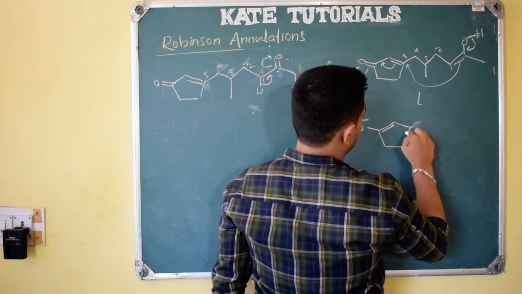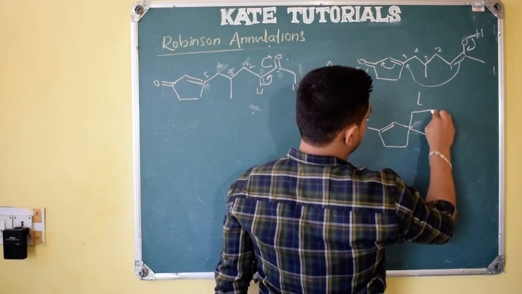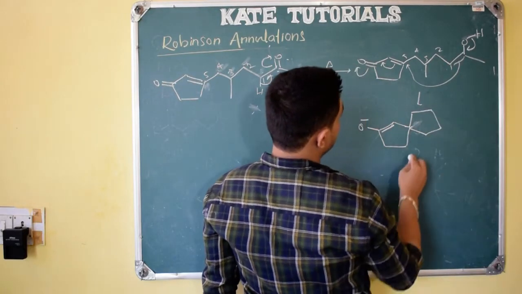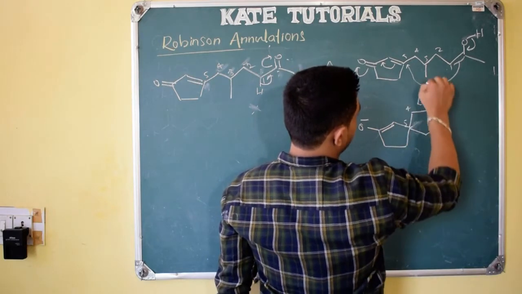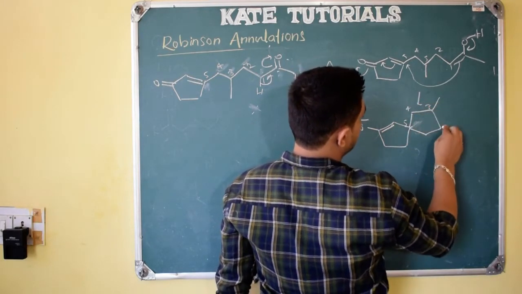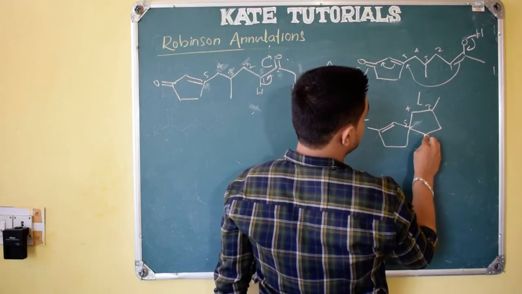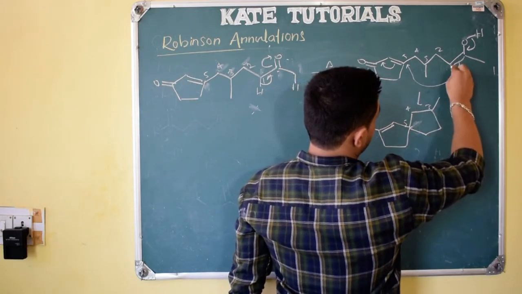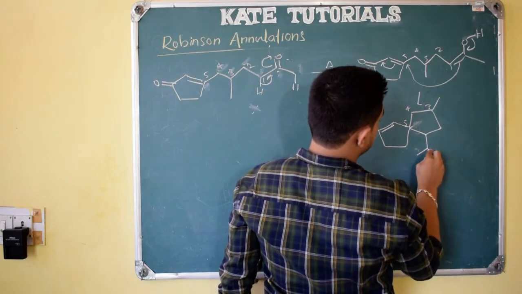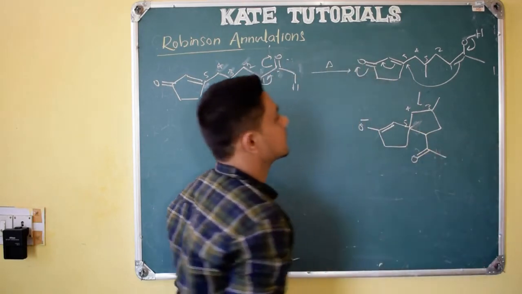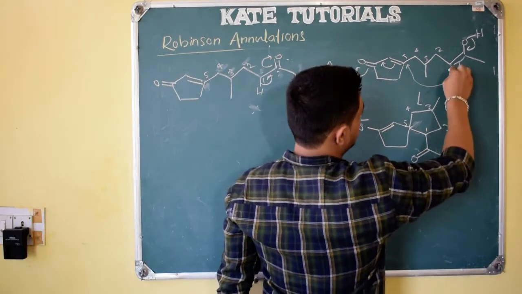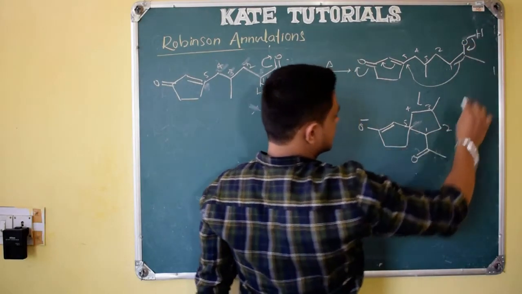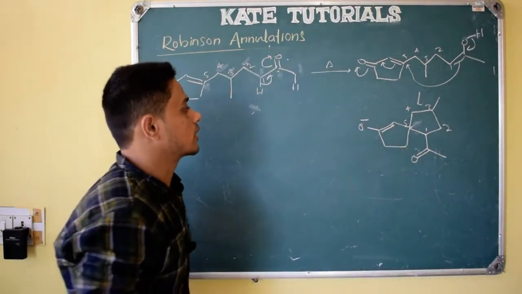So a 5-membered ring, let me draw like this. First the 5-membered ring I will draw. So this is the fourth position, third position one methyl group, 2 as usual. First position, to that one carbon is there, COCH3. First position carbonyl group with CH3. So this is the product, we got it.